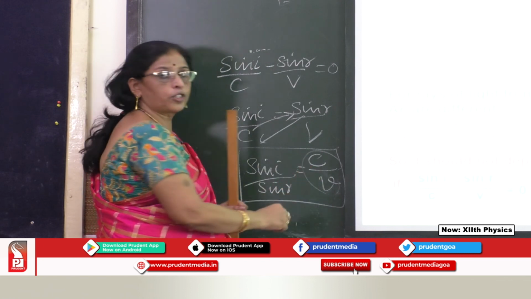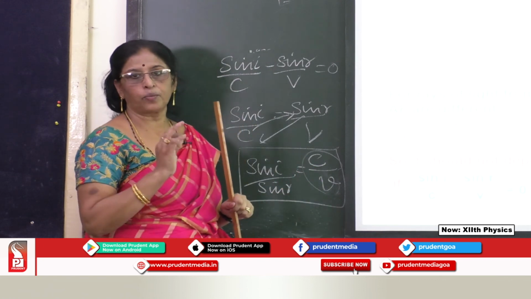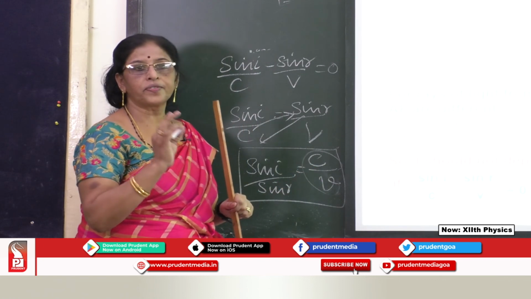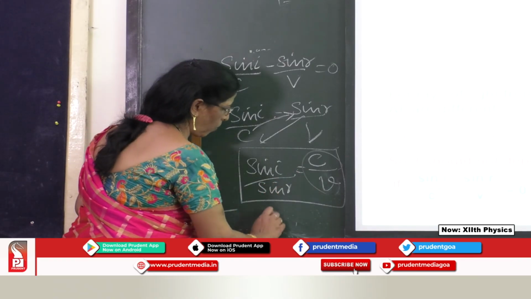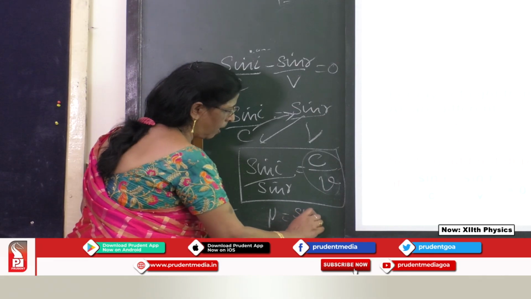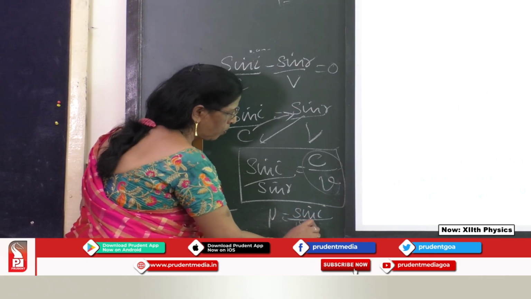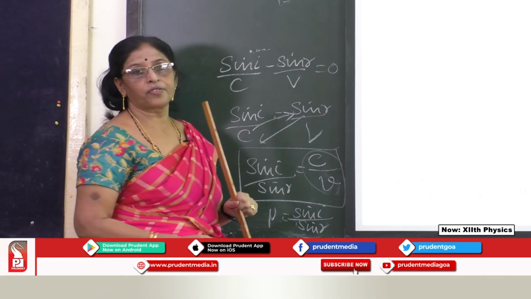This ratio of velocities is what we call the refractive index. Therefore, mu equals sine I upon sine R, which proves the laws of refraction.